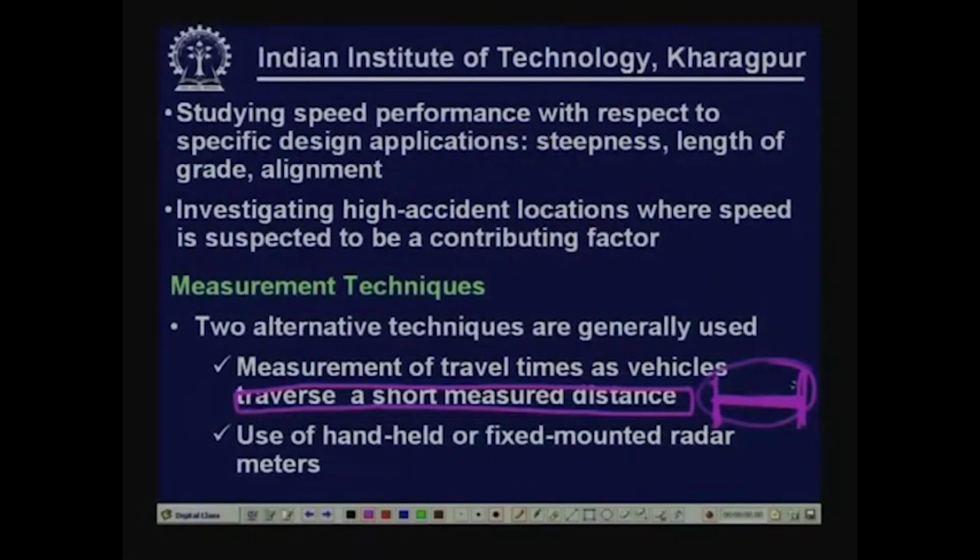Because the stretch is very short, we consider it the speed at this particular point. The second approach is the use of a handheld or fixed-mounted radar meter, which we call a radar gun. This is another equipment used for spot speed measurement. We will discuss the first technique today and the radar gun and related aspects in the next lesson.